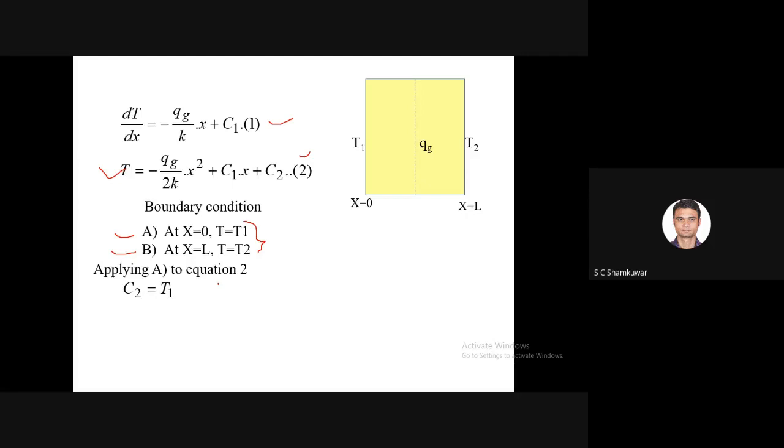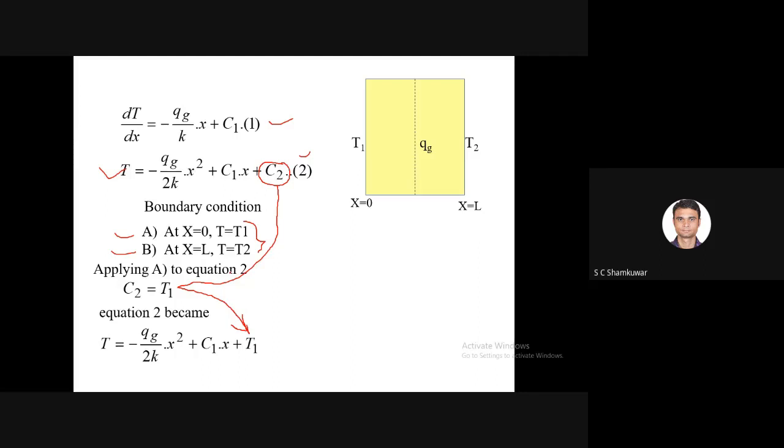After applying boundary condition 1, we can apply boundary condition 2 also. After applying boundary condition 1, what will be the equation now? C2 will be replaced by T1.